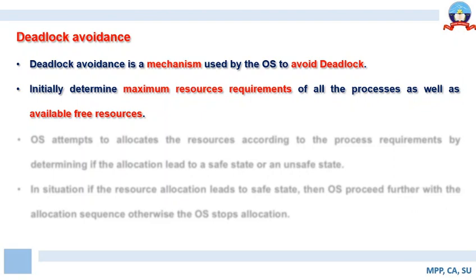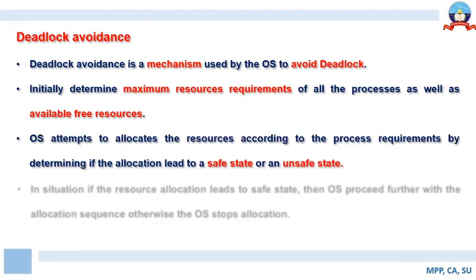So taking into account these two valuable pieces of information, the operating system makes a quality judgment regarding the way the allocation is to be performed so that deadlock can be avoided.